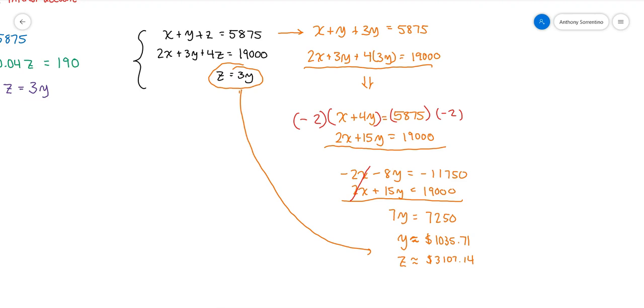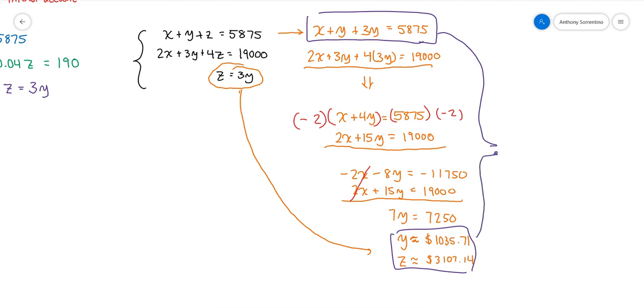And then I could use these two values along with this equation and come up with that x plus $1,035.71 plus $3,107.14 should equal $5,875, which would be x plus $4,142.85, equaling this.